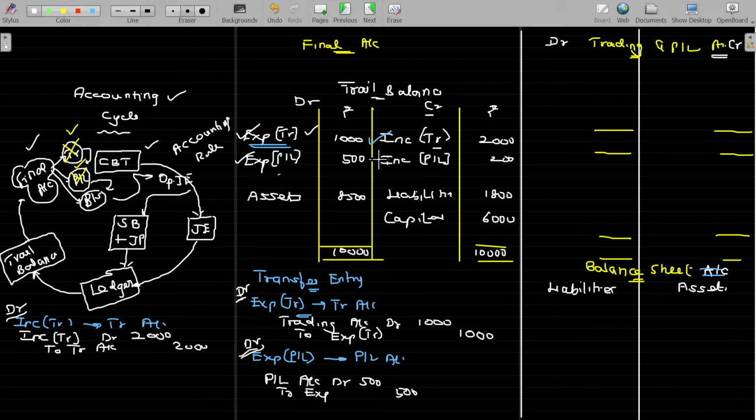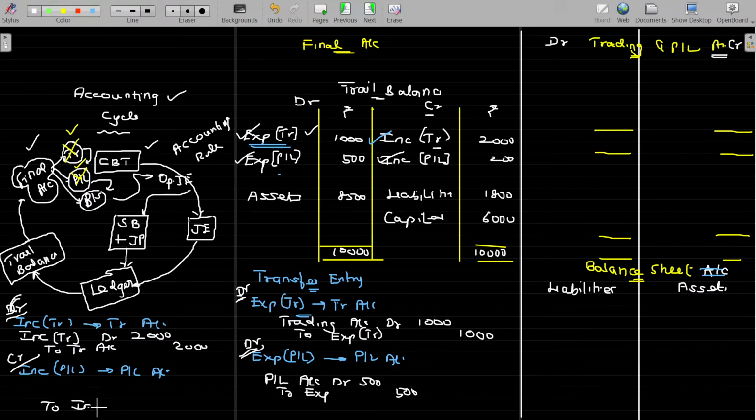Then finally, income related to the P&L account is also transferred to the P&L account. So income related to profit and loss is transferable to the profit and loss account. As income is always a credit balance, here also it is a credit balance. So it should now be debited.